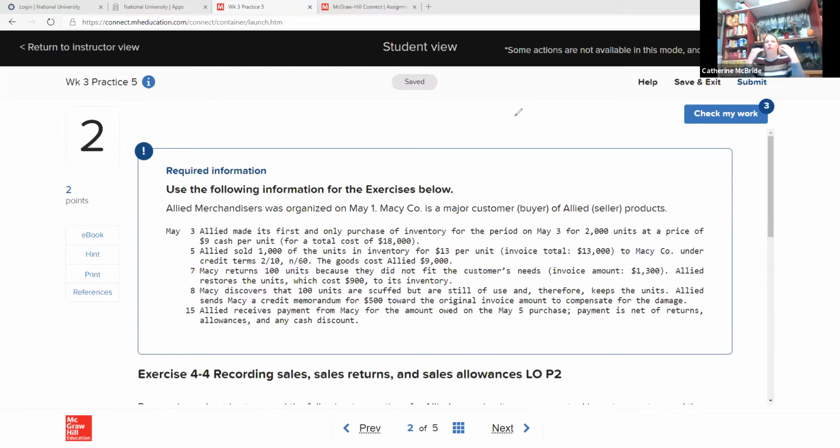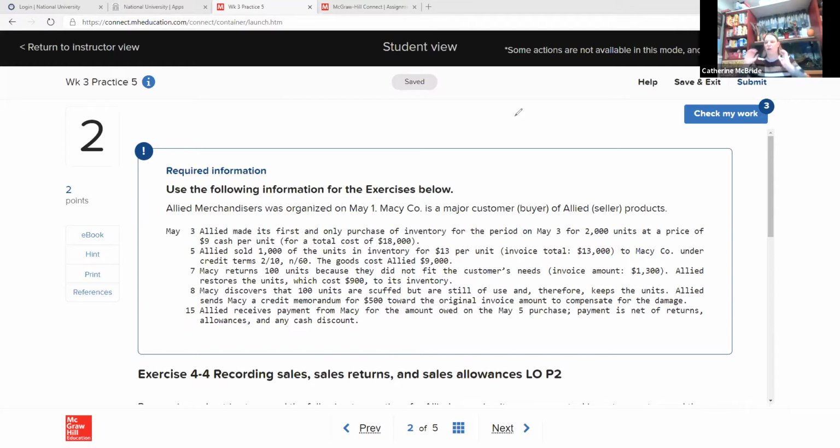When we are the person that's buying the inventory, we reduce inventory for returning items. We reduce inventory for damaged items where we get an allowance. When we're the seller and we're selling it, we want to keep track of those things. So we're going to look at that.